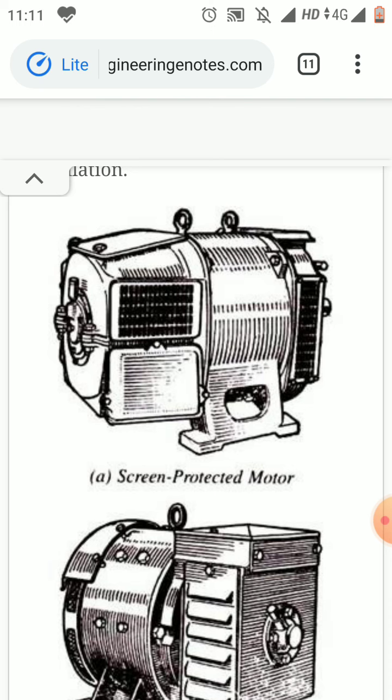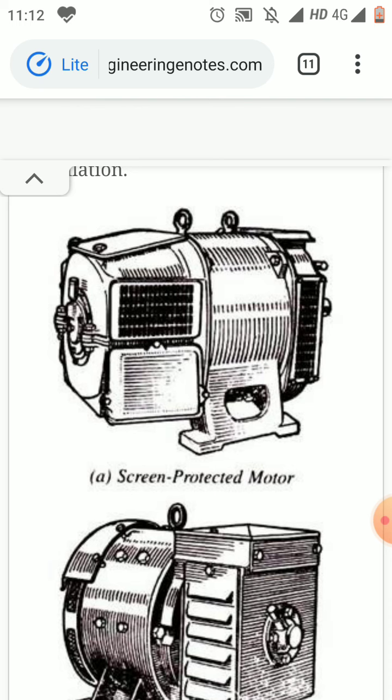Similarly, in water pumping stations and most generating stations where water will always be dripping, if that enters into the motor, the windings will be short circuited. So in such applications there is a necessity of enclosures so that the motors will be protected against these hazards, and also protect the personnel operating them from any accidents.